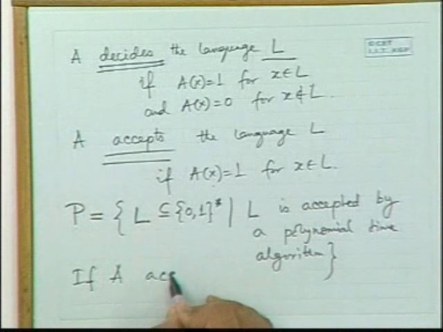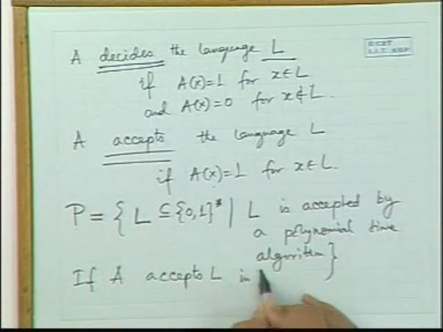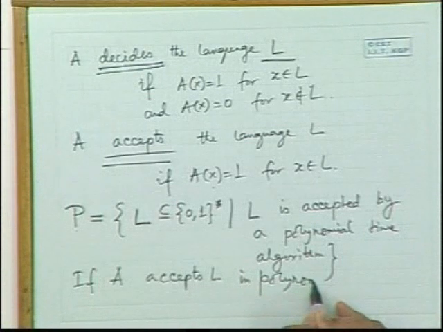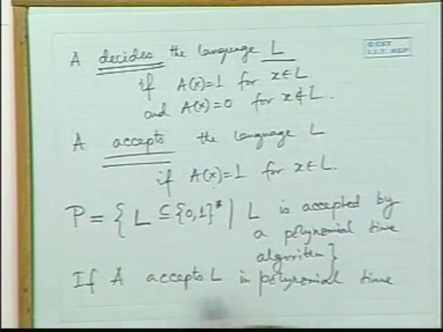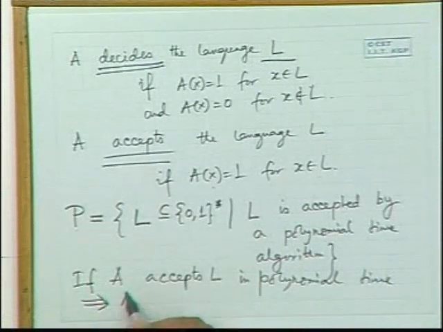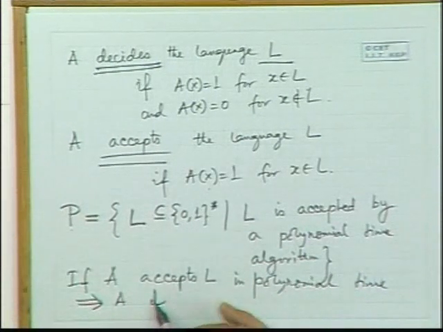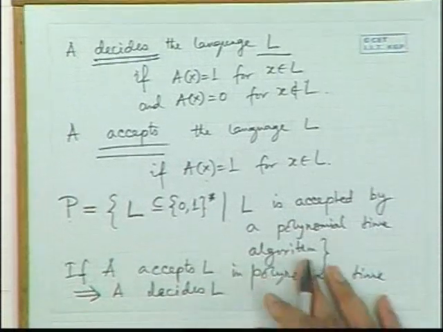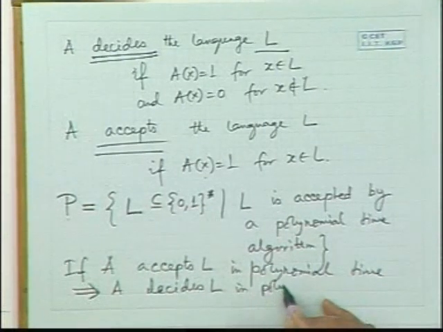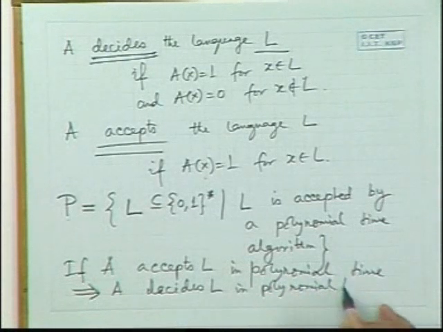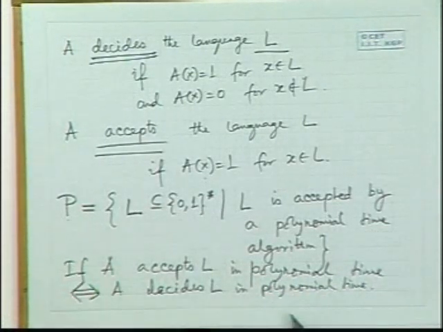Again I am repeating: if A accepts L in polynomial time, then this implies A decides L in polynomial time. Actually, it is in both directions. Obviously, this direction is obvious. If A decides L in polynomial time, definitely it is going to accept L in polynomial time. And this is also true.